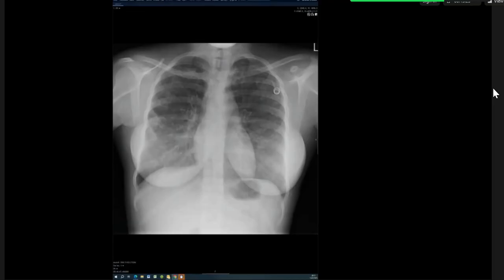In the presence of the portocath in situ, I'm thinking about patients that need long-term administration of IV medication.